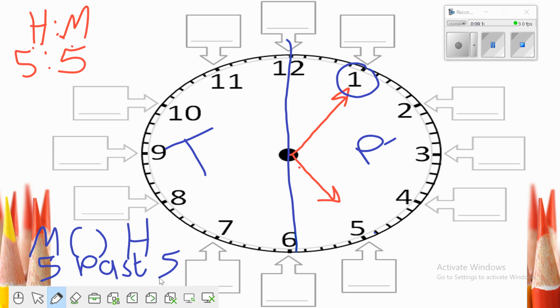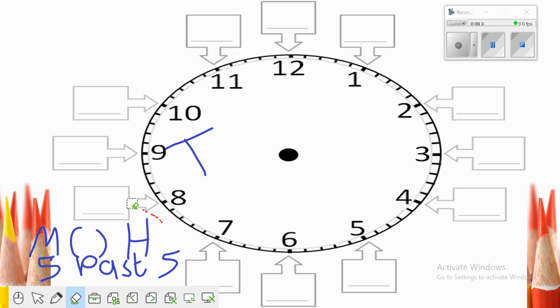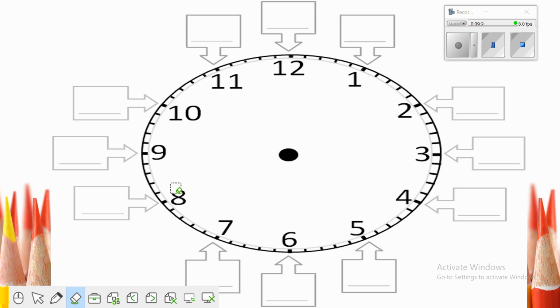Let's try another example with 2 because 2 is harder. Let's see. The first way, I have to draw the hands. For example, if I have the minute hand on 8 and the hour hand between 8 and 9. So the first way is HM.